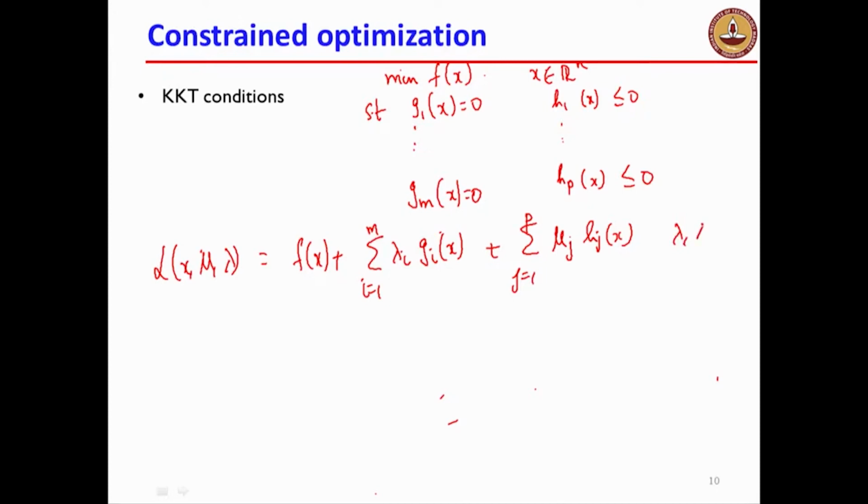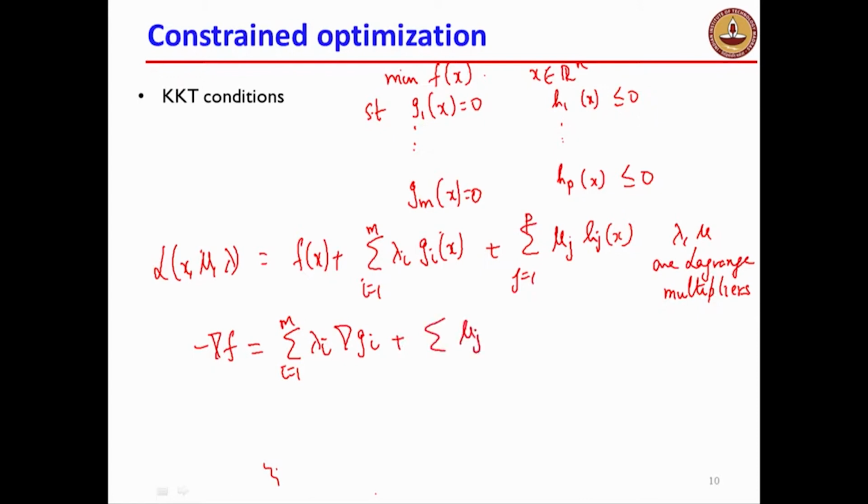So, lambda and mu are Lagrange multipliers. The first order necessary condition is that minus grad f equals sigma lambda_i grad g_i, i goes from 1 to m, plus sigma mu_j grad h_j, j goes from 1 to p.